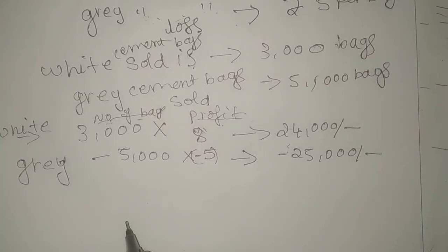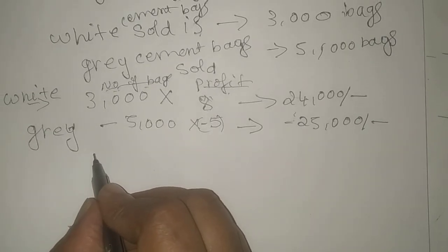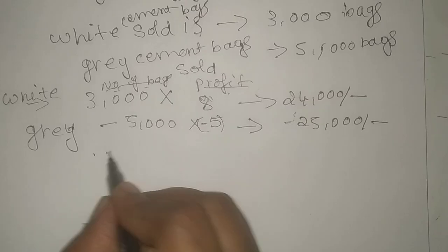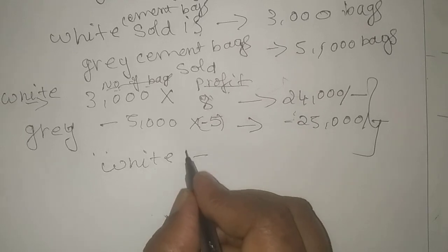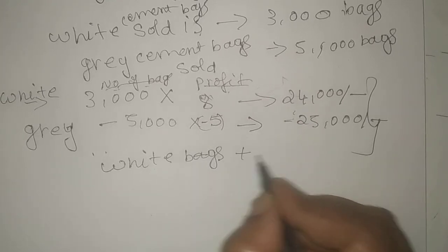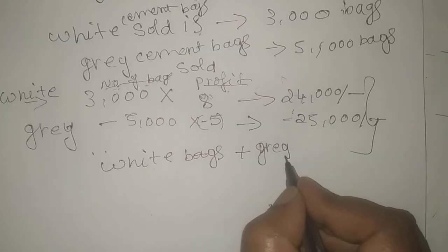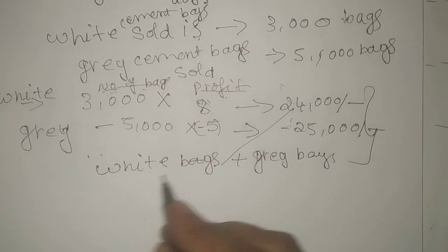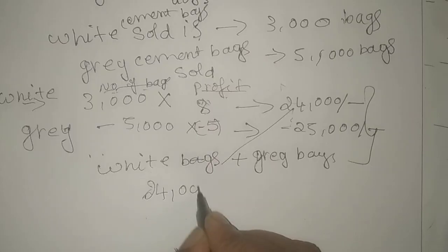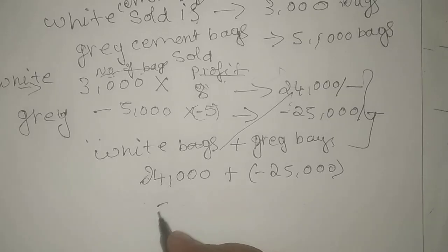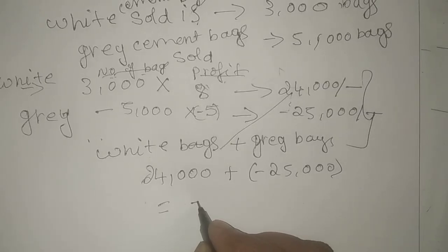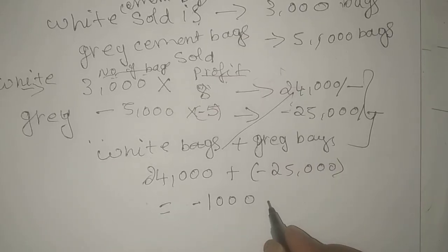Now finally, what is the profit or loss? Take white plus grey. 24,000 plus minus 25,000. Add these two, you will get minus 1000.